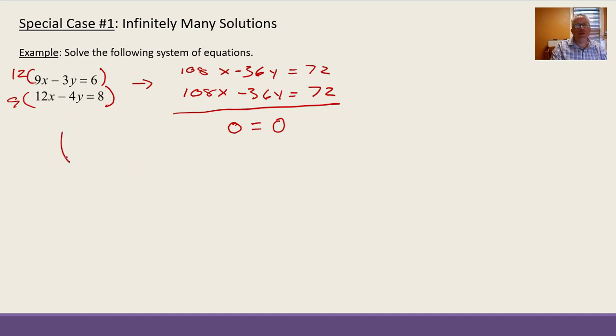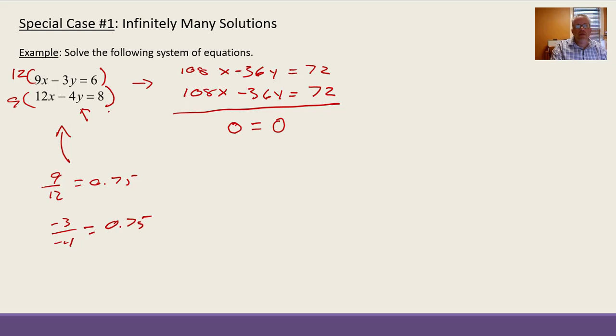Now, we want to be able to recognize this without solving the equation. And one thing we're going to learn is how to tell when one equation is a multiple of the other. The way we can tell is by looking at the coefficients. If we take the ratio of the coefficients of x, 9 over 12, we get 0.75. If we look at the coefficients of the y-coordinates, negative 3 over negative 4, we get 0.75.